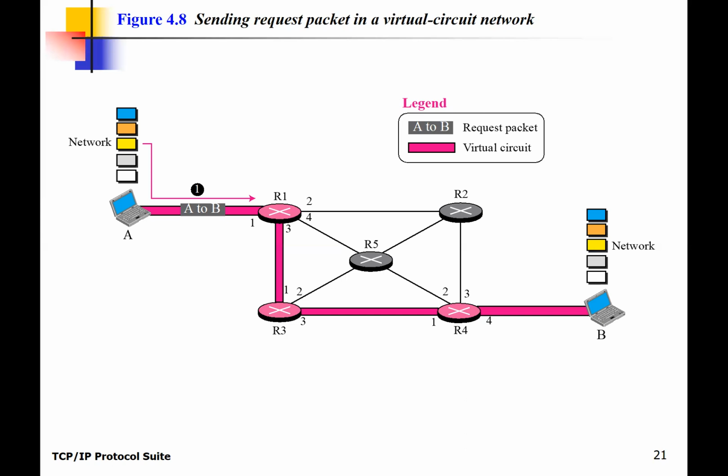Router 1 will say anything coming from port 1, I will give it label 14, right? And then I will forward it through port 3. However, I will leave the out label blank. We're not going to add anything yet, because the purpose here is to find the best path.